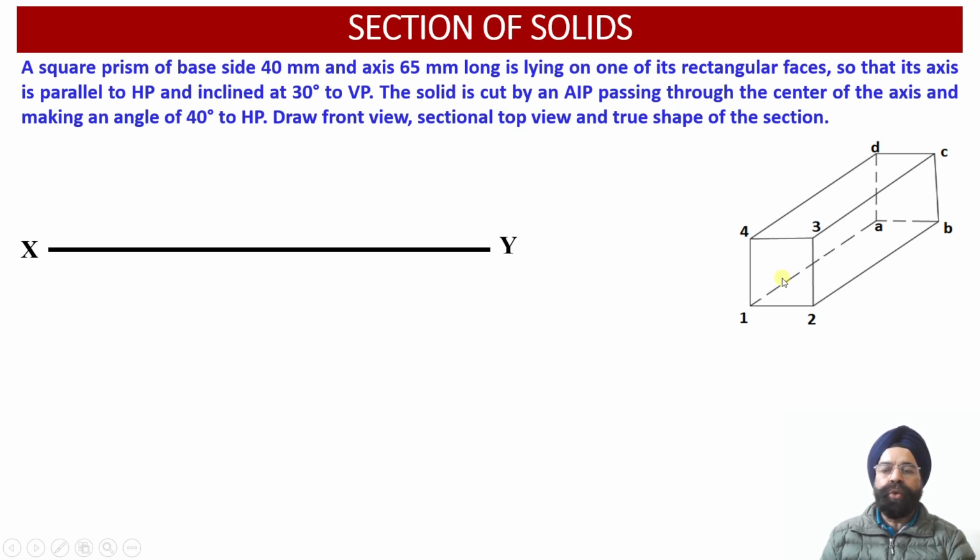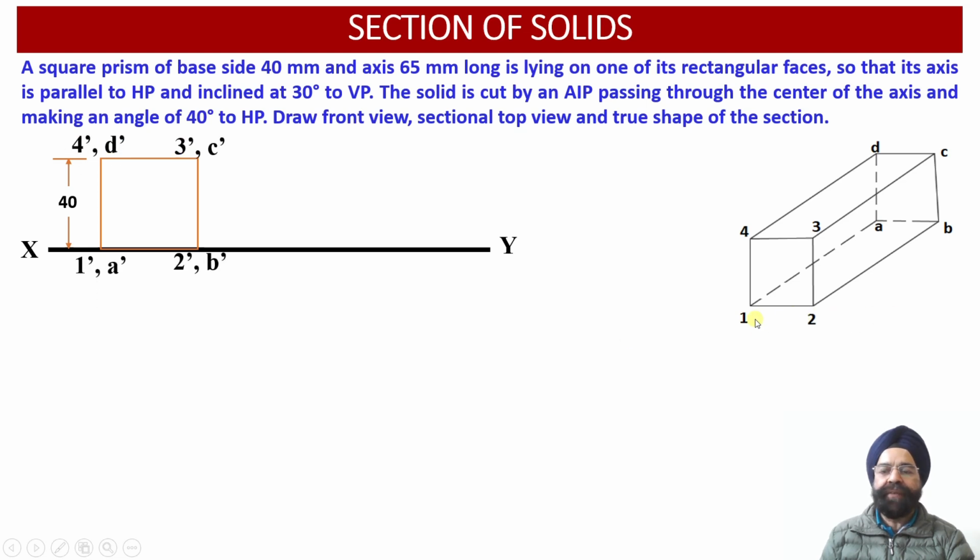So if we are going to look at the solid from the front and the axis happens to be perpendicular to the vertical plane, we are going to obtain the overlapping front face and the rear face projections corresponding to the square prism. Now we are going to obtain square projections onto the vertical plane in the front view projections over here, and the edge of the square face happens to be 40 millimeter.